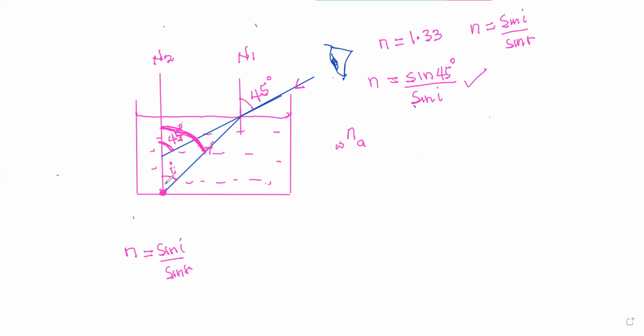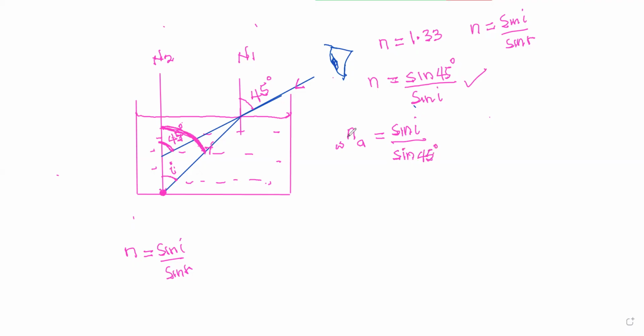So in this case, I will be the angle of incidence. So sine of I over the angle of refraction, which the question gave us as 45 degrees.